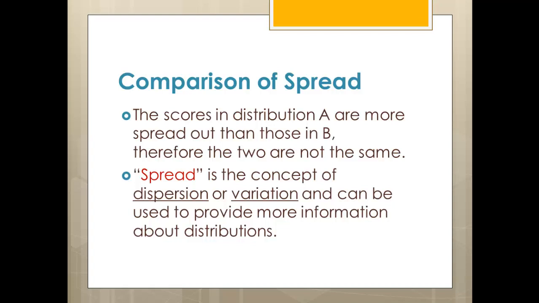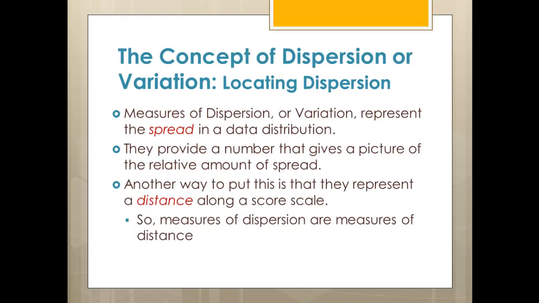So for purposes of this comparison, we're more confident in group B that the mean and the median are best representative of that group compared to group A. Mathematically, the median and the mean are the same, but because the spread is greater in the first group, we have a little less confidence that it's representative of all the points. So measures of dispersion and variation represent that clustering or spread in the data.